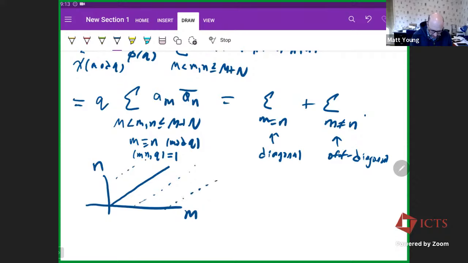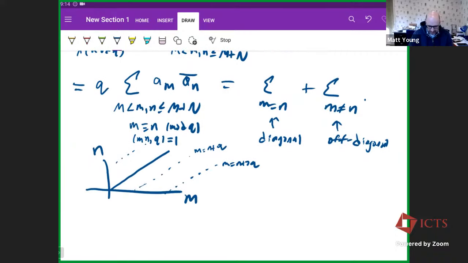One of these would be M equals N plus q, the other line would be M equals N plus 2q, etc. So the orthogonality of characters is telling us that instead of this great big square of points that we're looking at, it's a union of lines. It cuts down the dimension from a two-dimensional sum to a union of one-dimensional sums. And you have to keep track of how many one-dimensional sums you have, but that's the idea.